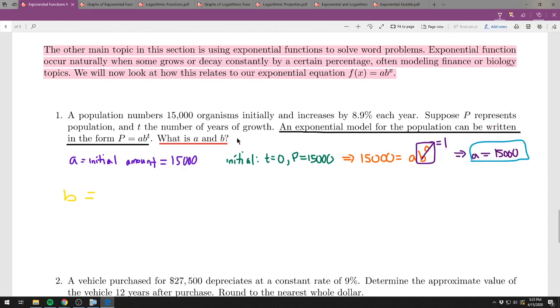All right, B, when you're given a percentage like this and you want to figure out B, if our population is not changing, we kind of think about 100%. B would be 100% because it would be 1. So if the population didn't change, B would be 100%, and we would switch that to a decimal.